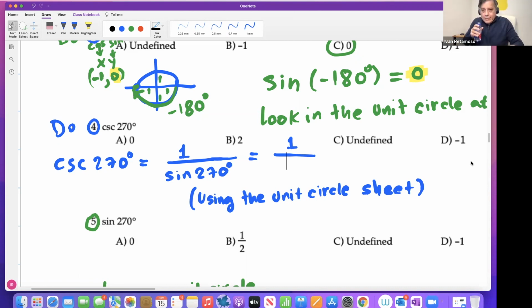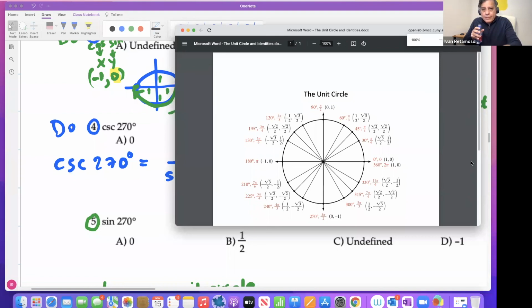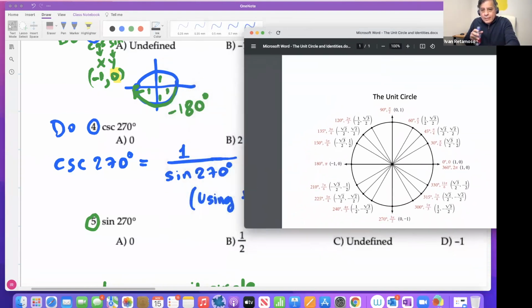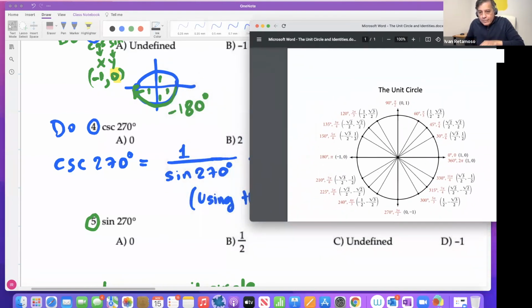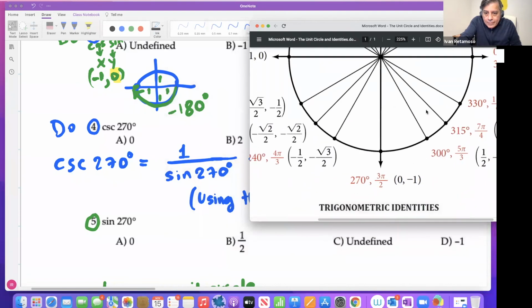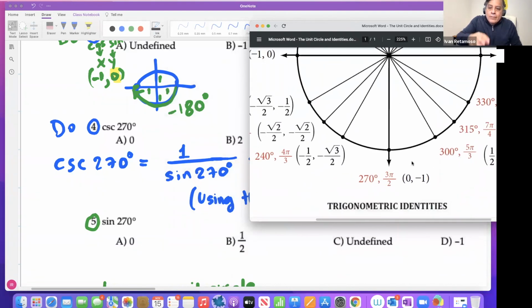I'm going to bring up the unit circle there. Look at 270 degrees. Should make it bigger. And remember that in the unit circle, the first coordinate is always equal to cosine of the angle, and the second coordinate is always equal to sine of the angle.